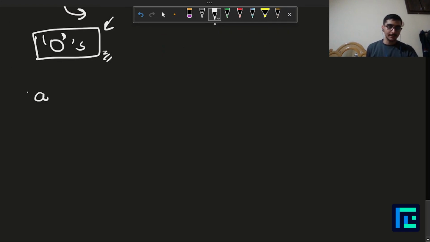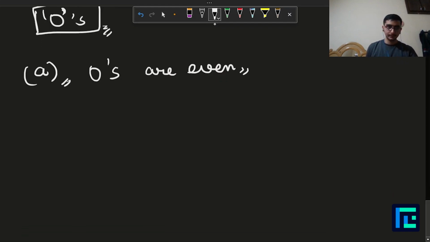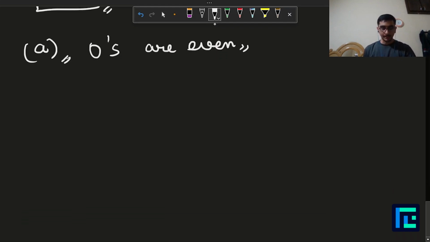So for the first case, what happens if the number of zeros in my string s are even? Let's discuss this case. If the number of zeros are even, what Bob can do is as follows.